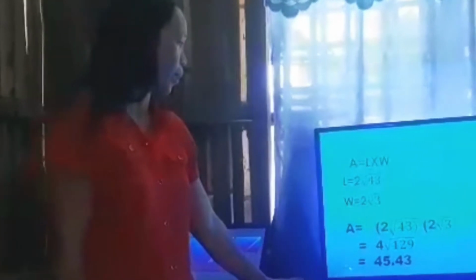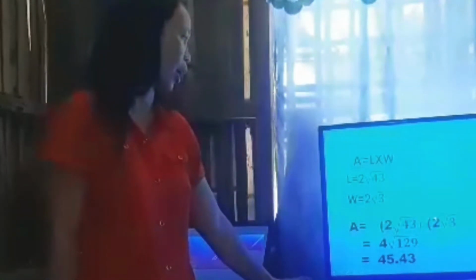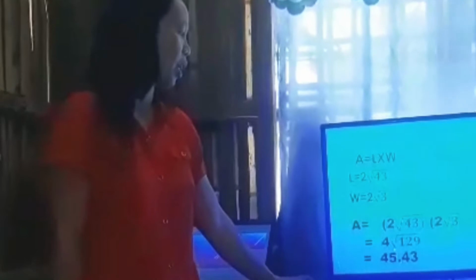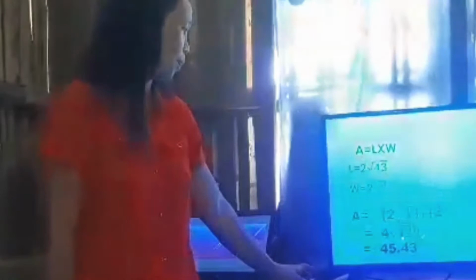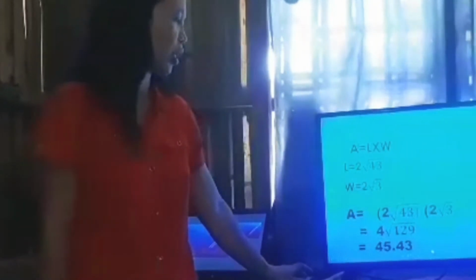Length times width: 2 square root of 43 times 2 square root of 3. Multiply 2 times 2, which is 4, times the square root of 129. And that is the area of this notebook. Example only, this one.